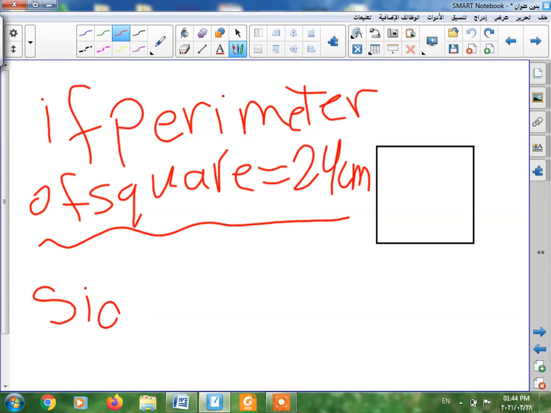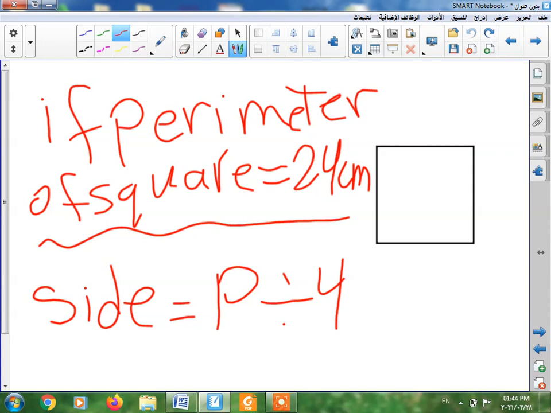Side equals what? The side equals perimeter divided by 4. Because when we find the perimeter of a square, we say side length times 4.